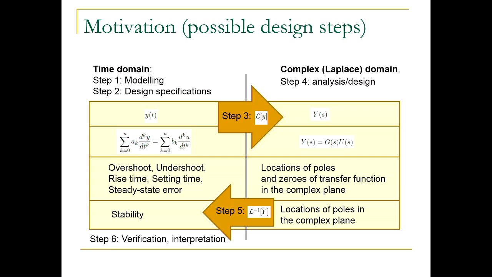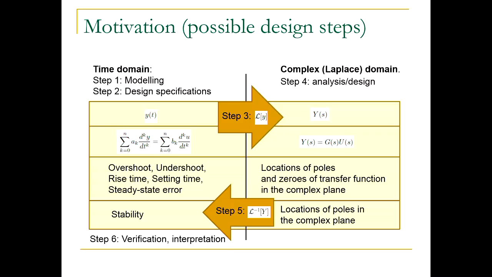Right? So then what you can do is you can go in step 3 basically translate all of this, like model and specifications, into the complex or Laplace domain. This is very easy. I'll just put it here. There's a draft. Okay. So why do we do this?